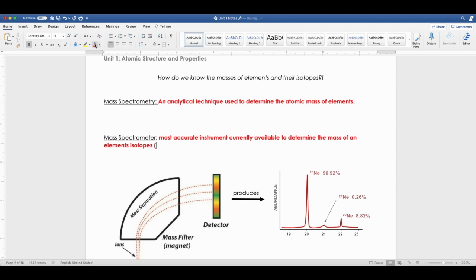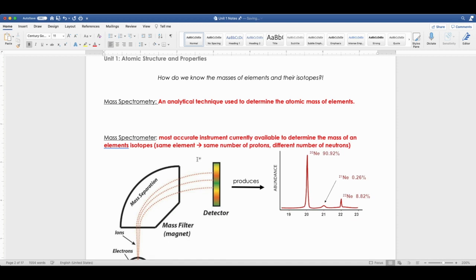And remember, an isotope of something is the same element, so they have the same number of protons, but they have a different number of neutrons. You don't have to write that out as intensely as I did, but I'm going to type it out. I think it's faster for me. The video will be a little bit shorter, and it's easier for you to read afterwards.